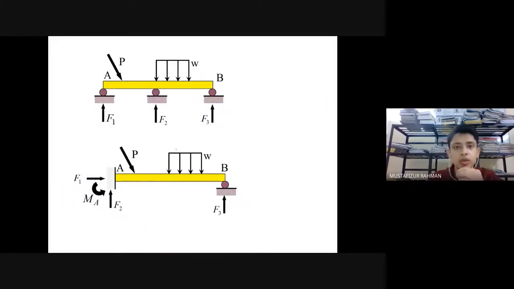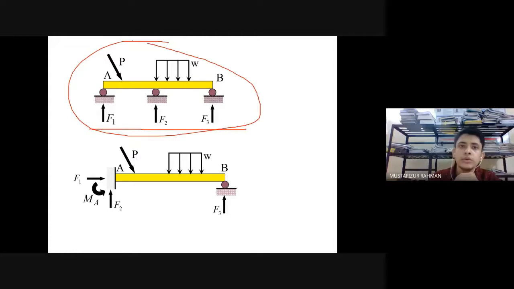Then we saw this one. Here we have 3 roller supports. Now what will happen if we have these 3 roller supports? Because the rollers are providing restraints only in this direction, it is giving a force only in this direction. That means it is preventing the downward movement.